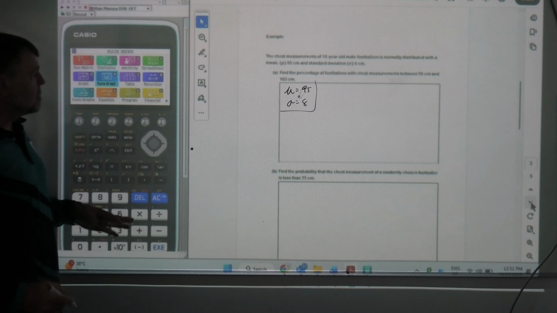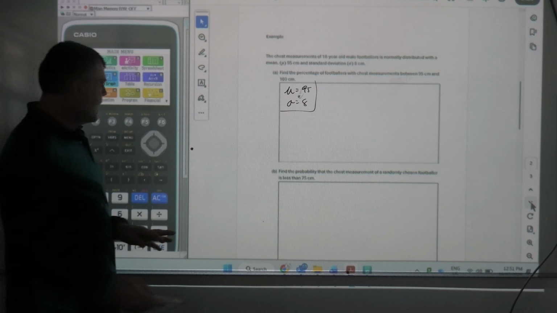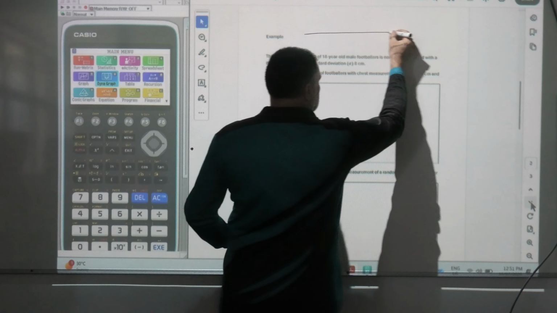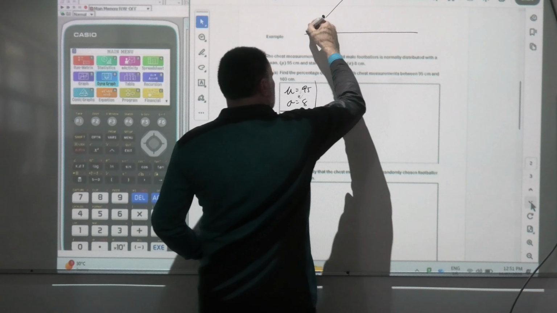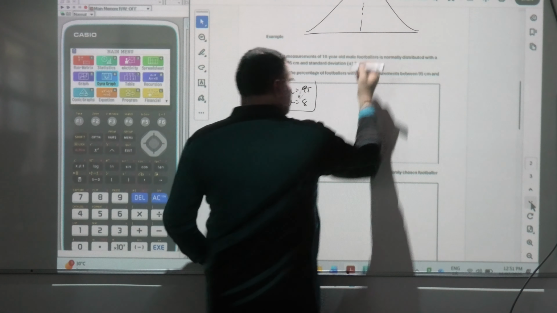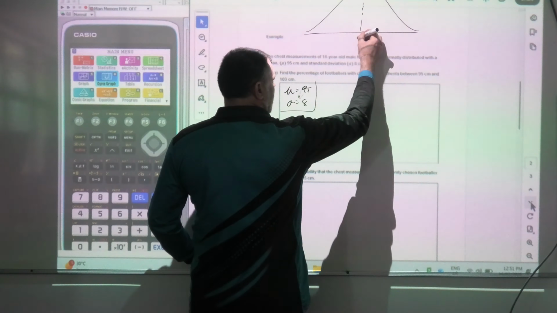So if we were going to sketch a normal distribution curve, which we'll just do up here, just so that way we can check our curve is correct. We have a mean of 95.